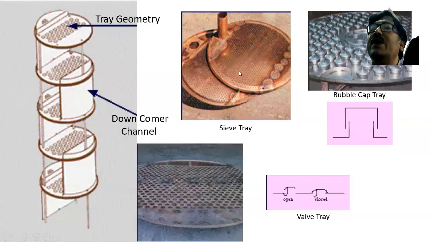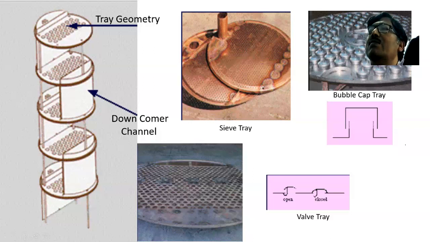But the main disadvantage is that problems of distillation columns like flooding, loading, weeping, dripping may be more in sieve tray compared to bubble cap and valve tray.